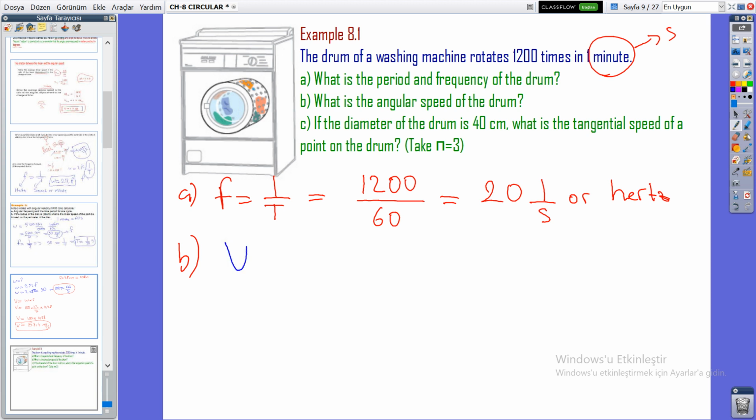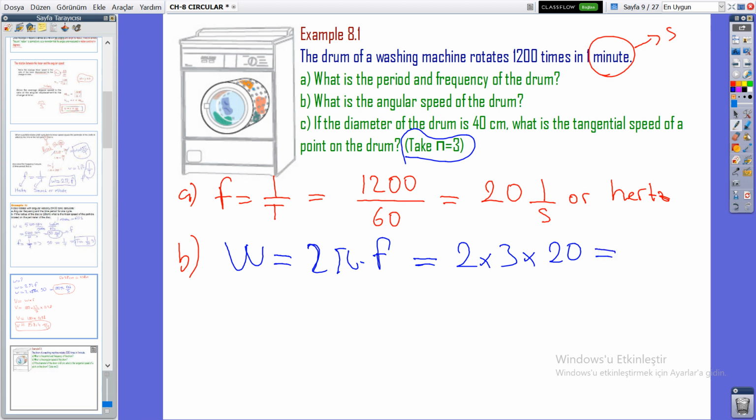Our equation: w equals 2 pi multiplied by frequency. We found the frequency, and in the equation, pi we can take as 3. So 2 multiplied by 3 multiplied by the frequency 20 per second equals 120 radians per second.